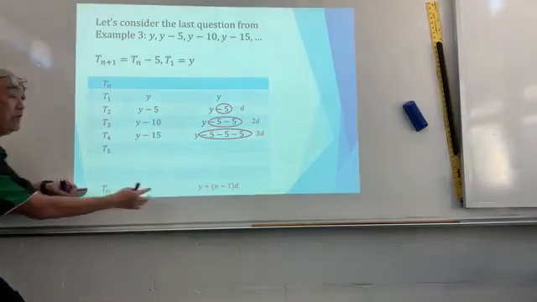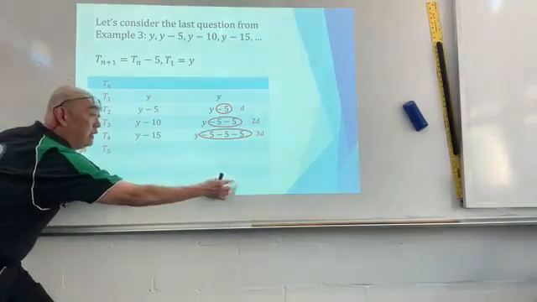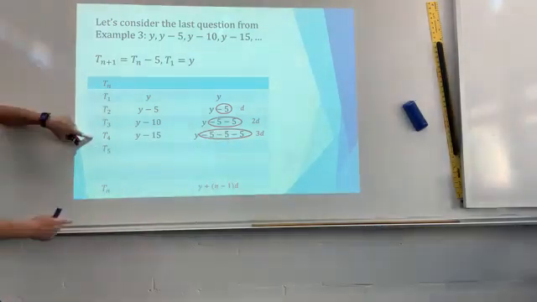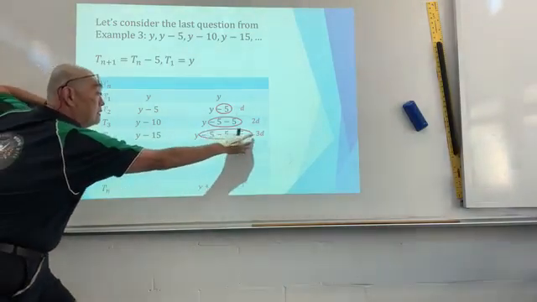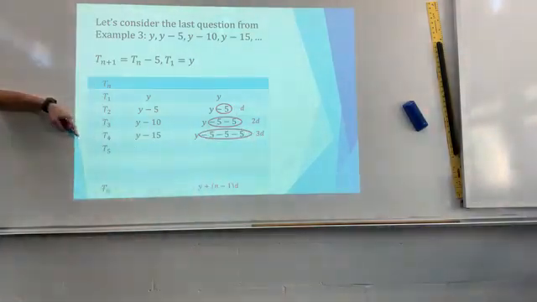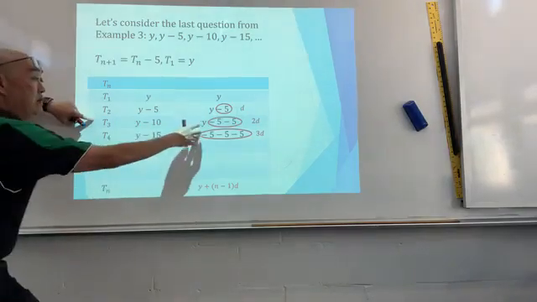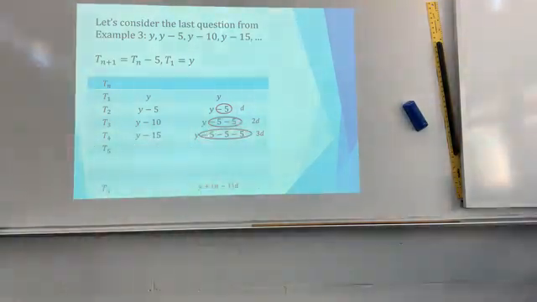So you keep on going until the end. You have Tn equals y plus n minus 1 d. Right? So if it is term 4, this is the first term plus 3 times the difference. If it is second term, it's first term plus 1 times the difference. Yeah? Got it?